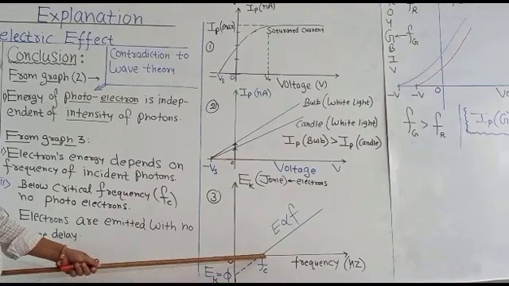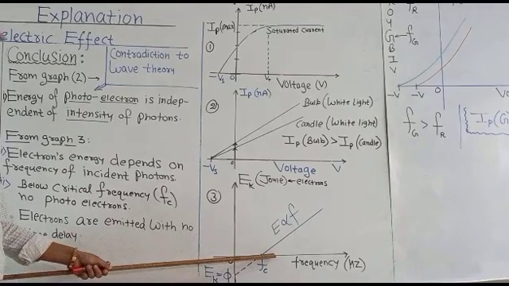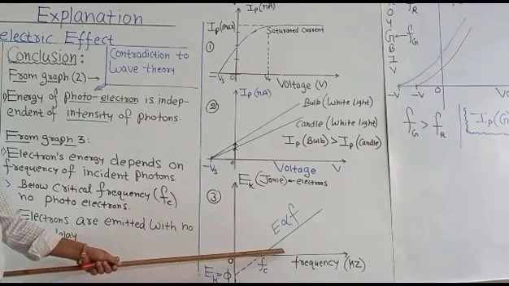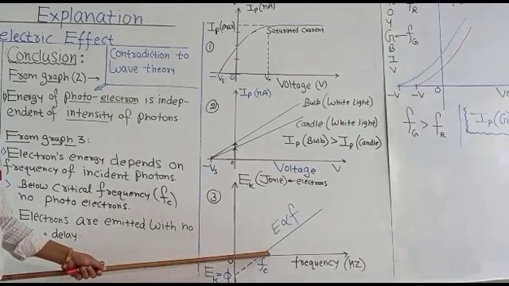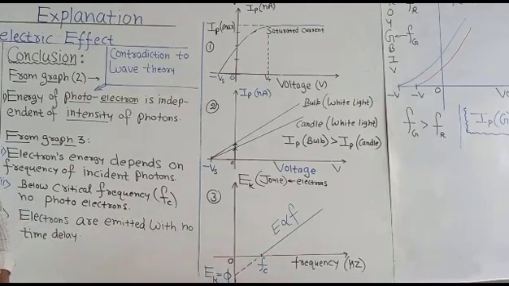But if we increase the frequency of the incident photons, the kinetic energy of the electrons emitted from the metal surface will also increase.